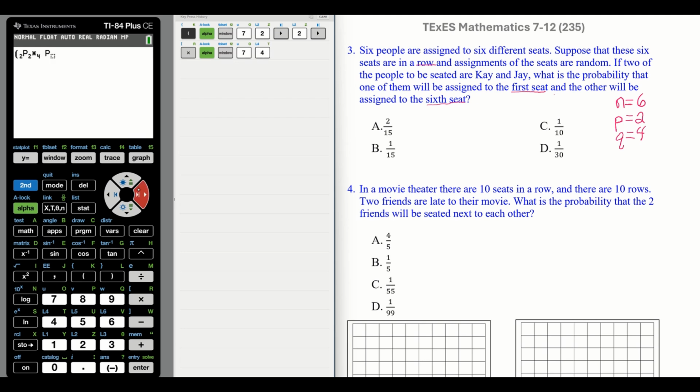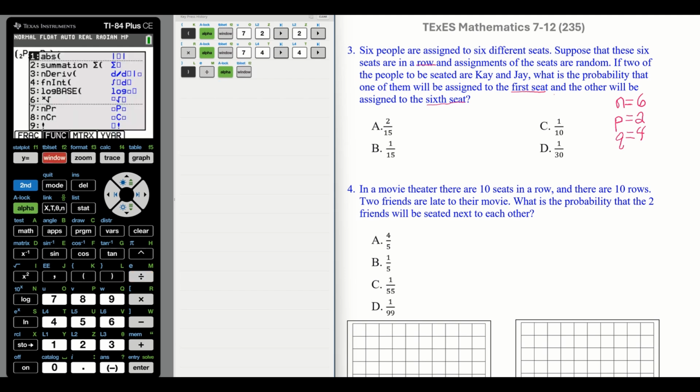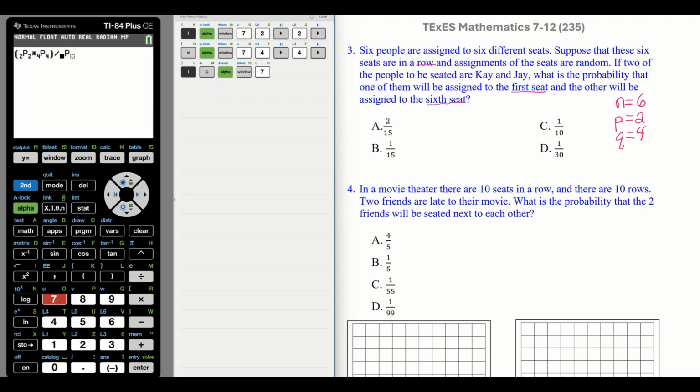Unselected would be 4 seats, 4 out of 4, alpha over, close your parentheses, divide, alpha window, 7. And our total seats is 6, 6 of 6. And we enter. That gives us a decimal. We need a fraction.